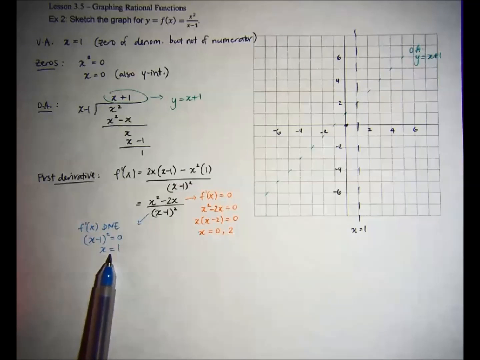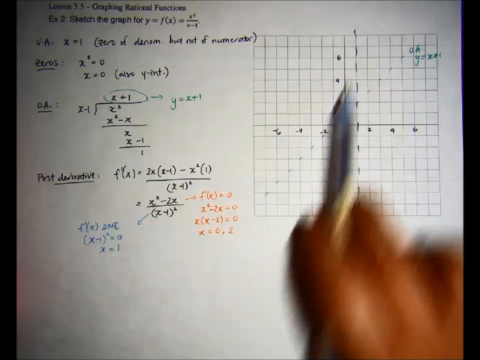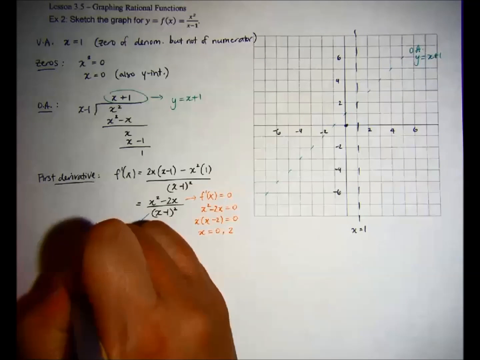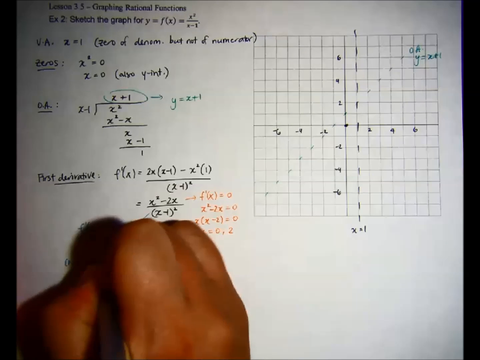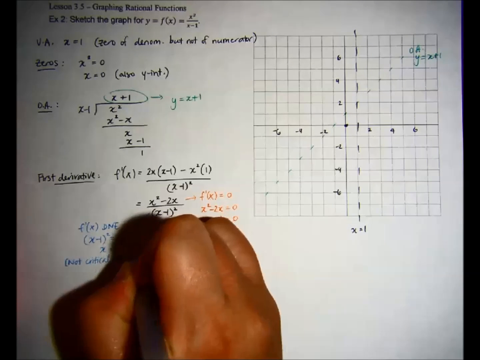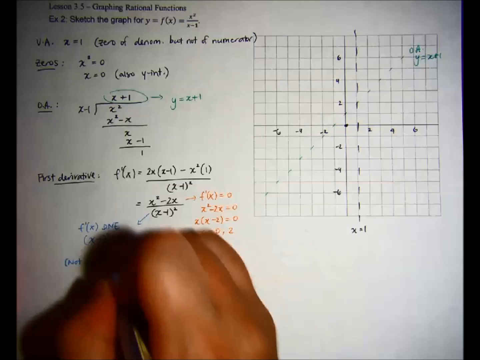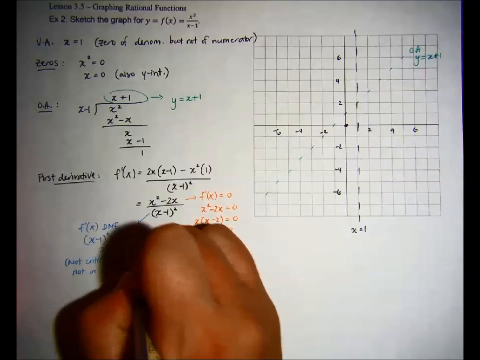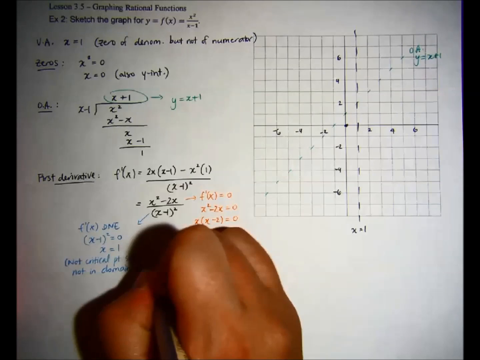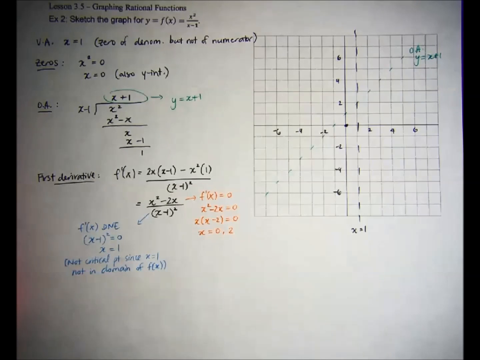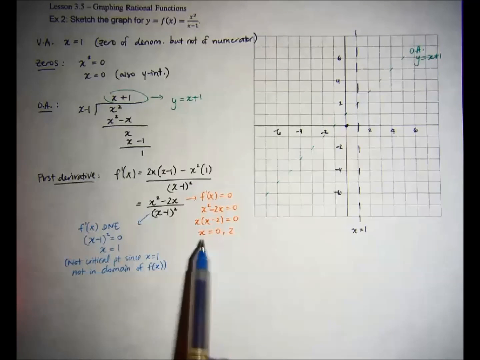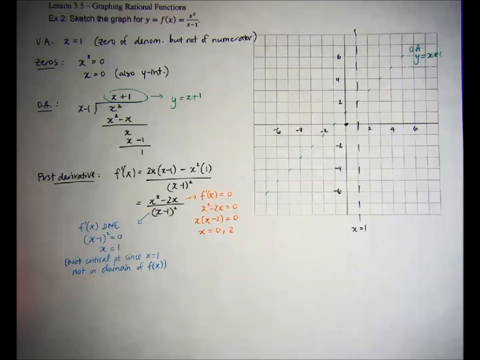But this would not be considered a critical point, remember, because x equals 1 is already a vertical asymptote, and x equals 1 is not in the domain of the function. So really, we just need to focus on x equals 0 and x equals 2 being our local extrema.